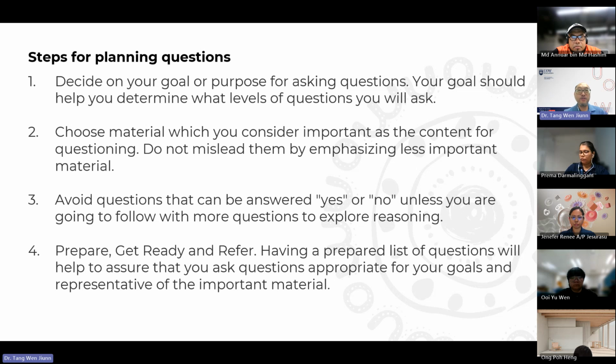So don't use those examples to set as a main question. It should be the concept as the main material for the question.